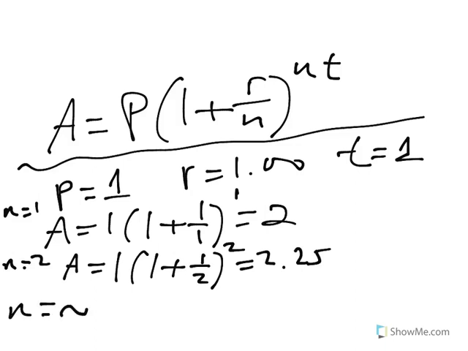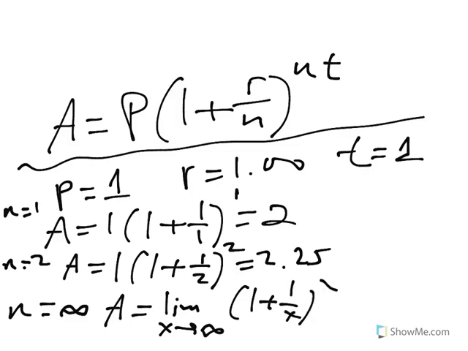And if n equals infinity, we end up with the limit as x goes to infinity of 1 plus 1 over x to the x power, which is e. So you would get e dollars if you put $1 in the bank for a year at a bank that gives you 100% interest, but they compound it what's called continuously.